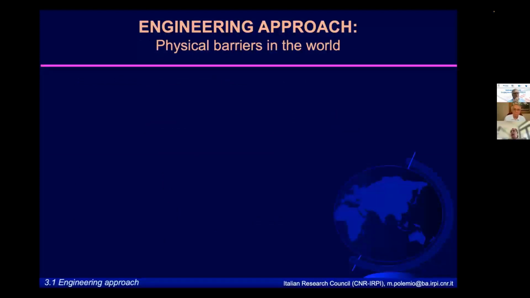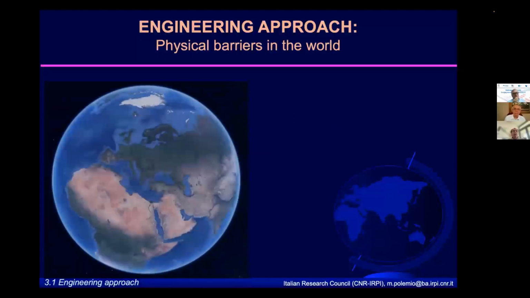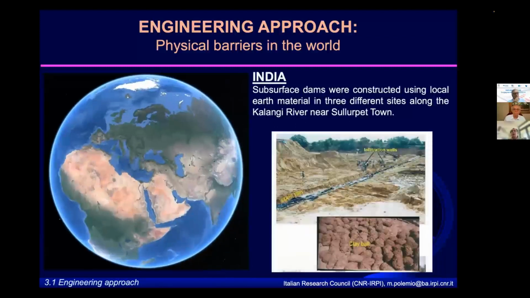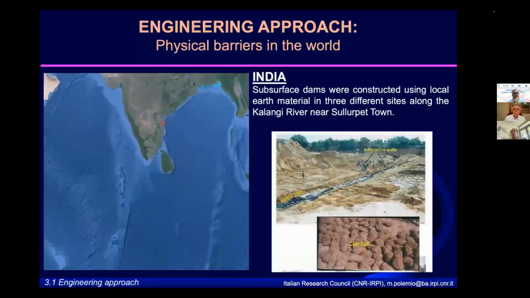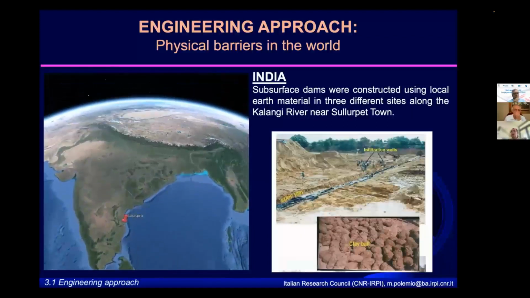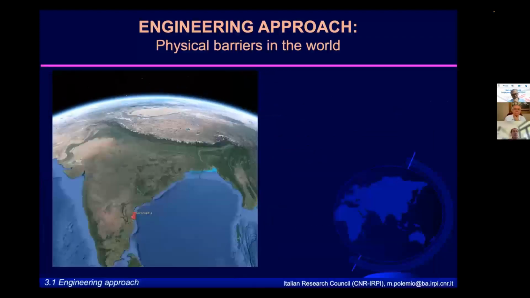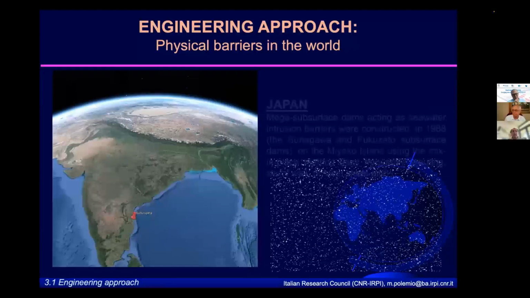They were realized in different countries in the world. We are in India, where subsurface dams were constructed using earth material in different sites, with very low cost materials, but there are also other examples.